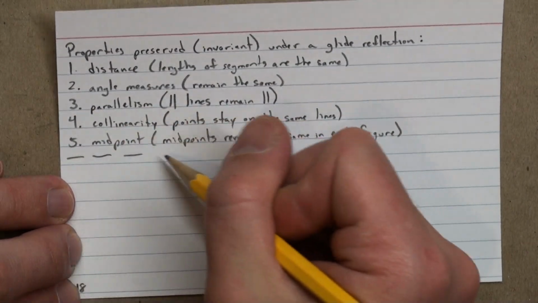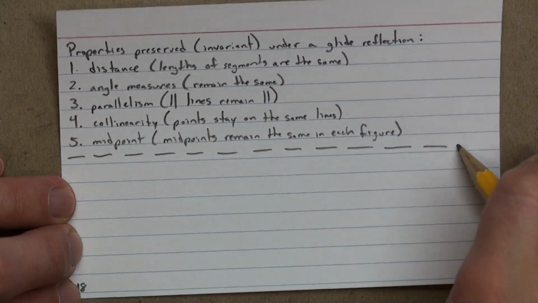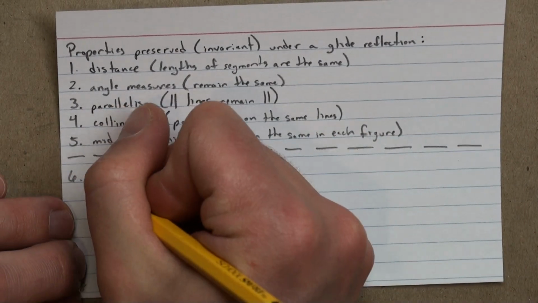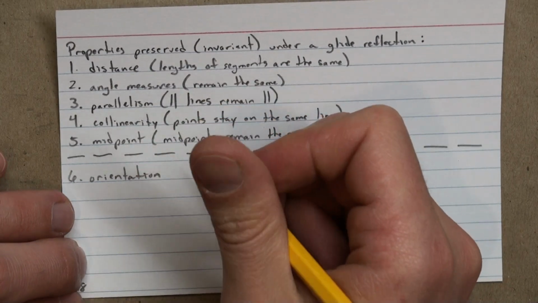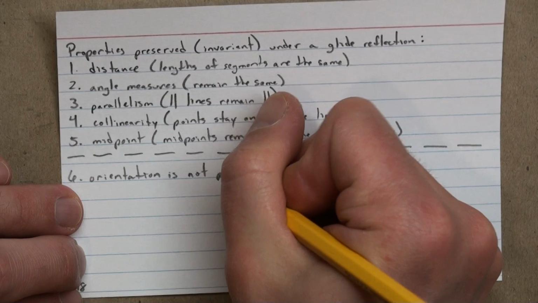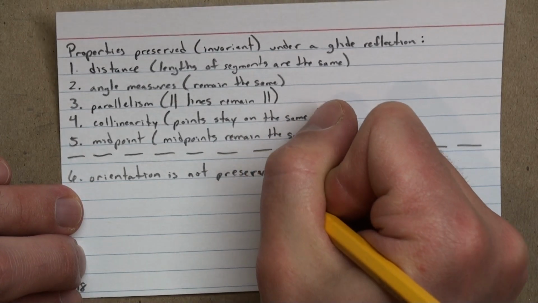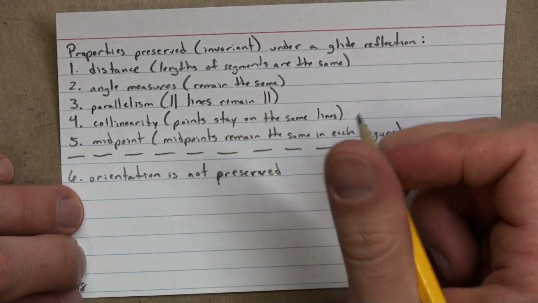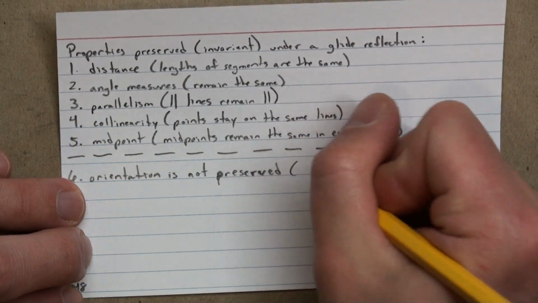Okay. So those are the things that are preserved or do not change or invariant. Now 6, orientation is not preserved. Lettering order does not remain the same.